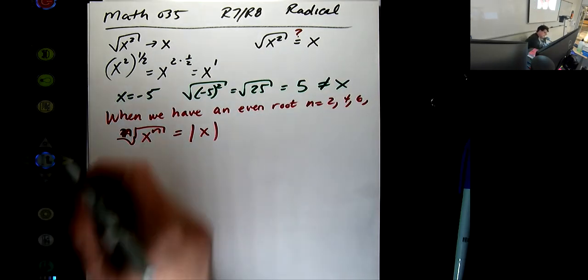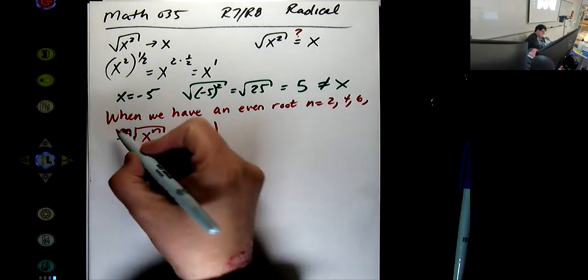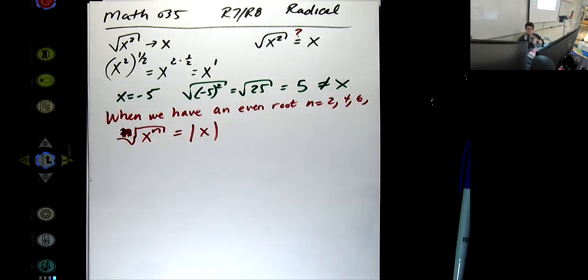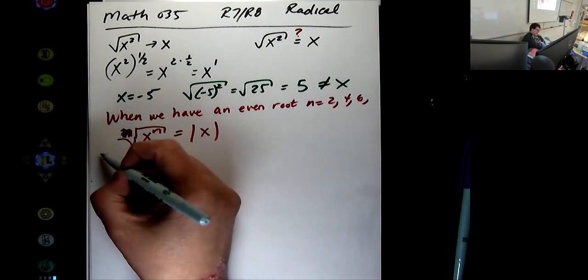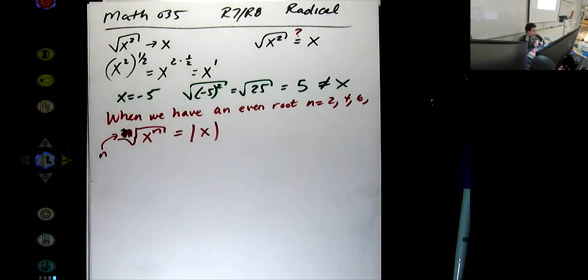That should be an n out front. And that makes it tricky. It's the negative numbers that mess things up.